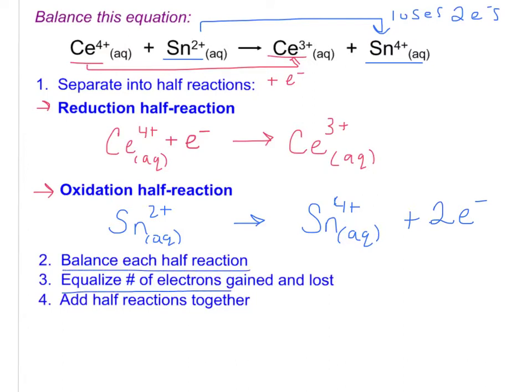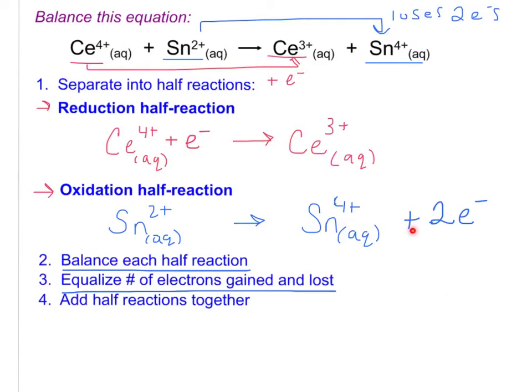The next thing we need to do is equalize the number of electrons gained and lost. What does that mean? Well, in this reaction, there are 2 electrons being lost. In this reaction, there's 1 electron being gained. We can't have 1 electron on one side of the equation and 2 electrons on the other side. So what are we going to do?